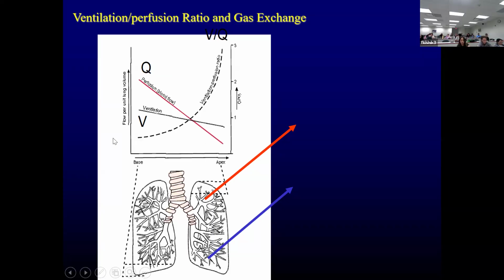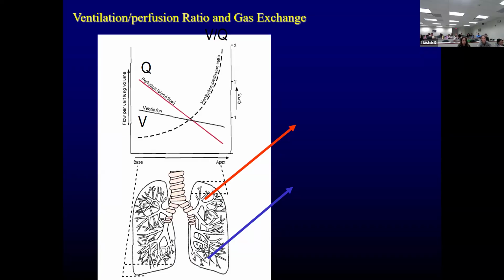As I go from base to apex, the ventilation perfusion ratio, the dotted line, keeps on increasing. One more time, students confuse this all the time. At the base, there is more ventilation and more perfusion. At the top, there is less ventilation and less perfusion, but perfusion is much less relative to ventilation.